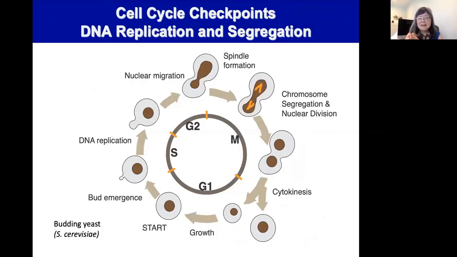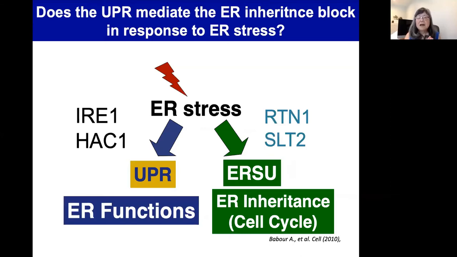So we know that the genome is important, and replication and sister chromatid separation will have to take place in a timely manner in order to generate 2 cells with a complete set of genome. Now, several years ago, working in budding yeast model experimental system, we found a cell cycle checkpoint for dividing ER.